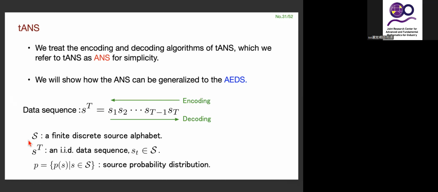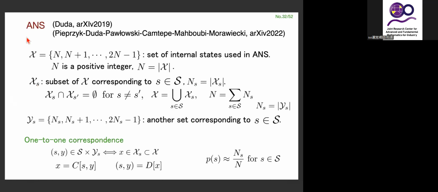Let script S represent a finite discrete source alphabet, and S^T is an IID data sequence, and P is the source probability distribution. In the ANS, we use the set of internal states, which is represented by X, and X consists of the integers n+1 to 2n-1.